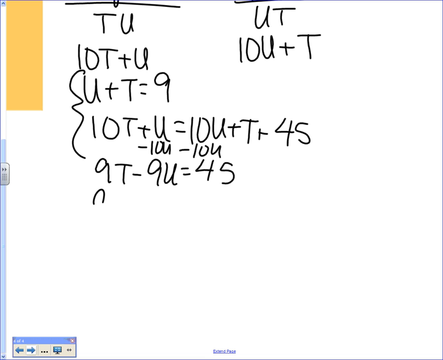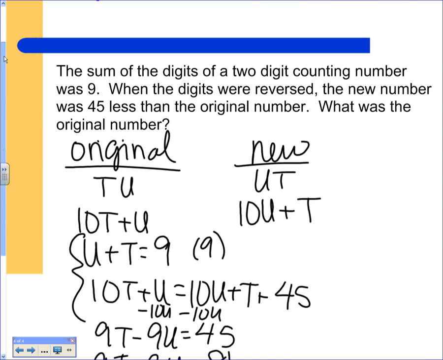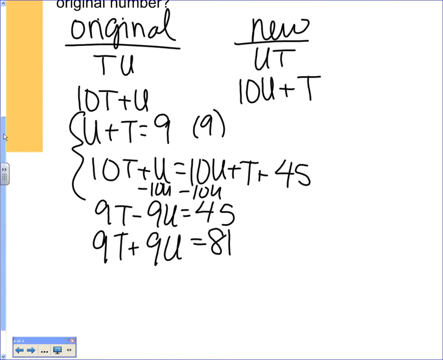Elimination. 9t minus 9u equals 81. Okay, where did you get that? This equation? Elimination. We're going to use this multiplied by 9. Oh, yeah. Thanks. Right? Where did you get u plus t equals 9? The sum of the digits of a two-digit counting number was 9. So u plus t is 9.